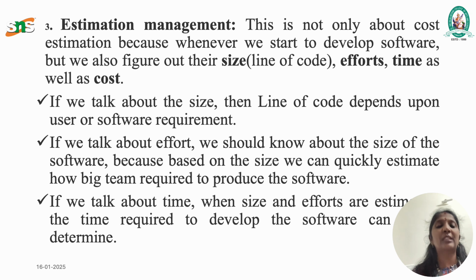What will be the team size? In order to complete that, we talk about the effort. The last one, time. If you know the size and effort, then we can calculate how long it will take to complete our project.